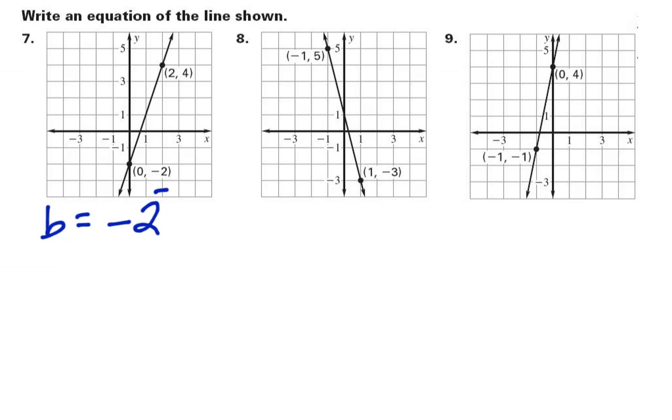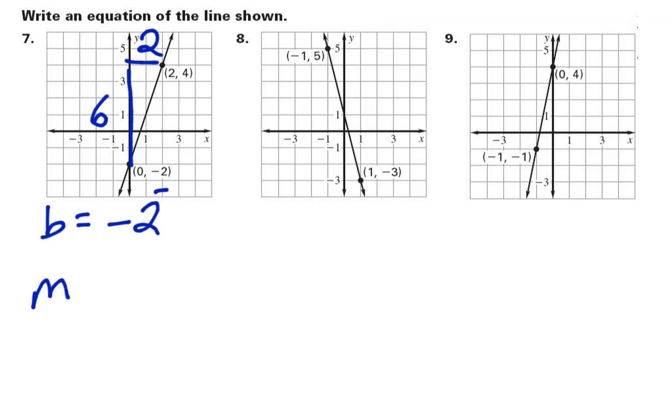Can I tell what the slope is from the graph? Well, this is something we've been practicing in class lately. I can go from one point to the other, and I choose to go from the leftmost point to the rightmost point. It looks like I'm going to have a rise of 6 and a run of 2.